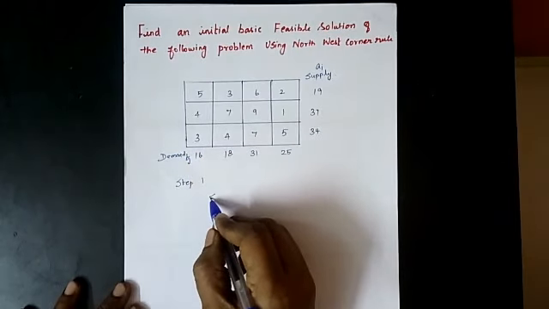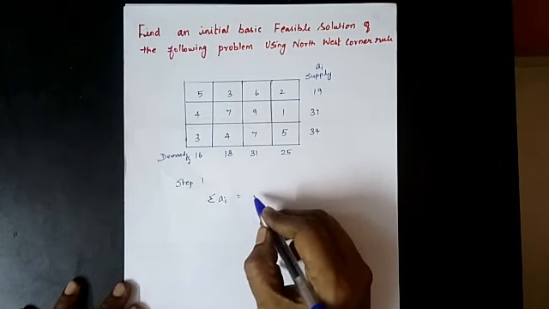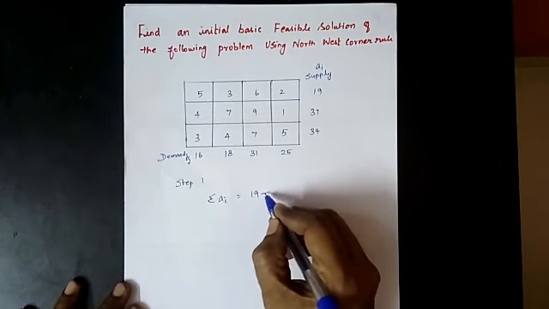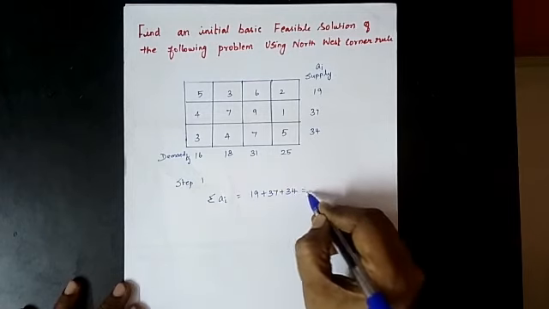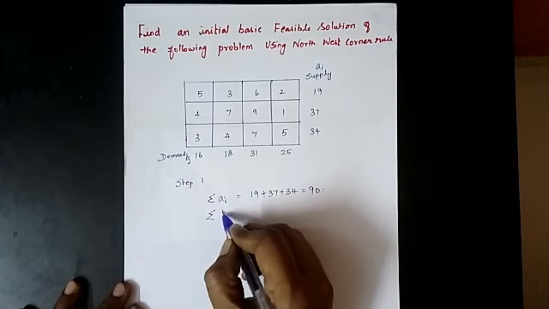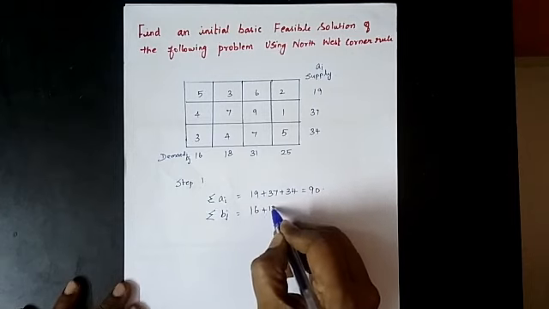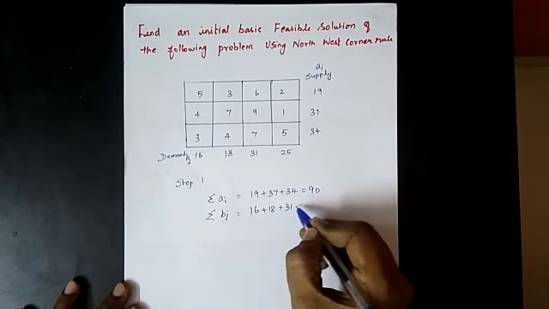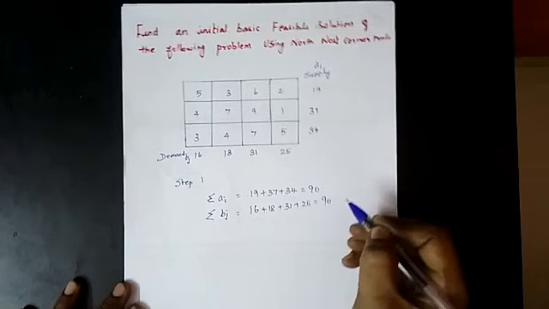So summation of a_i is equal to 19 plus 37 plus 34, that is equal to 90, and summation of b_j is equal to 16 plus 18 plus 31 plus 25. So that is also equal to 90.